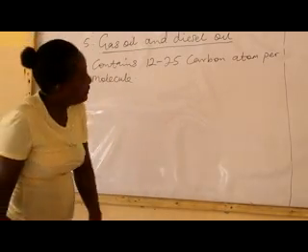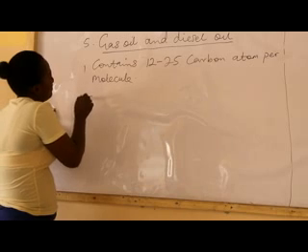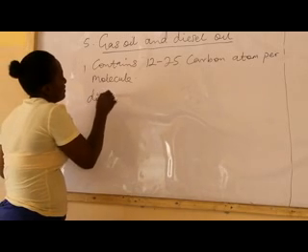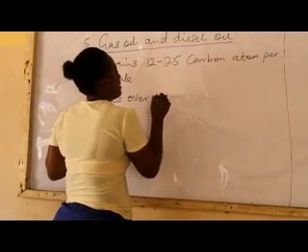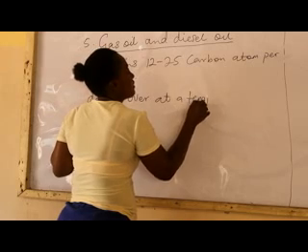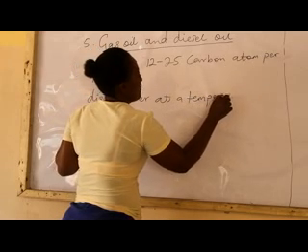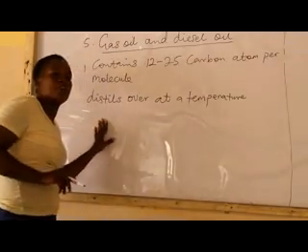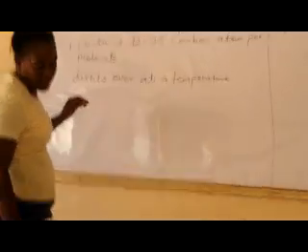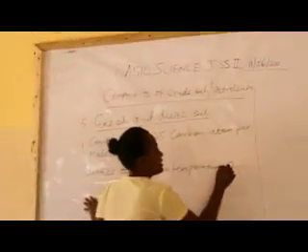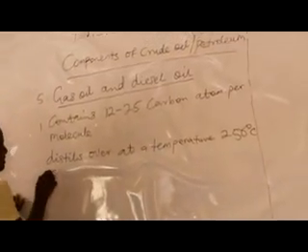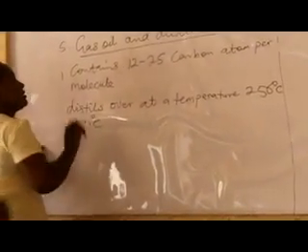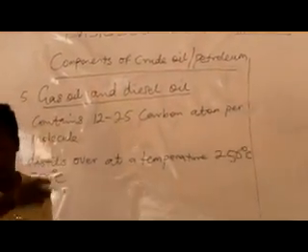So these ones distill over in a fraction at a temperature. You see that as the carbon atoms increase, the temperature of refining also increases. The temperature goes from 250 degrees centigrade to 350 degrees centigrade. This is the temperature of their refining in their fraction.